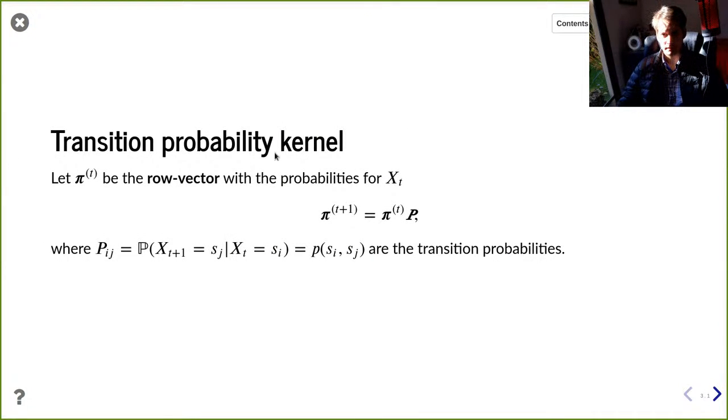This gives us a probability kernel, or a probability of transitioning from a state to the other.